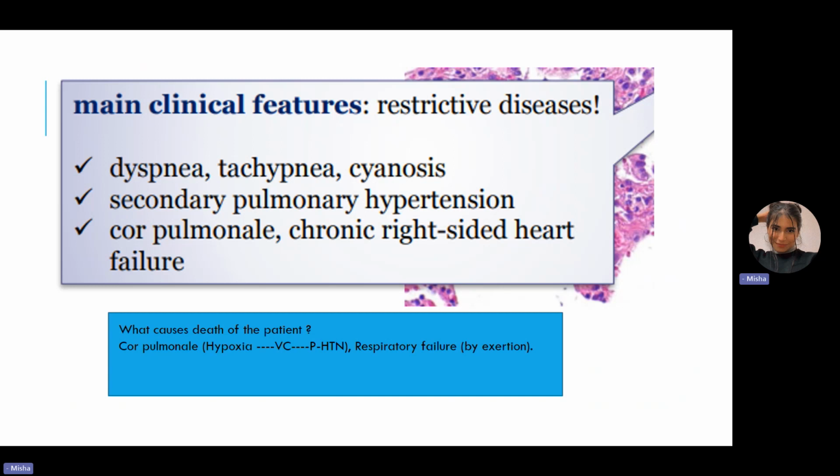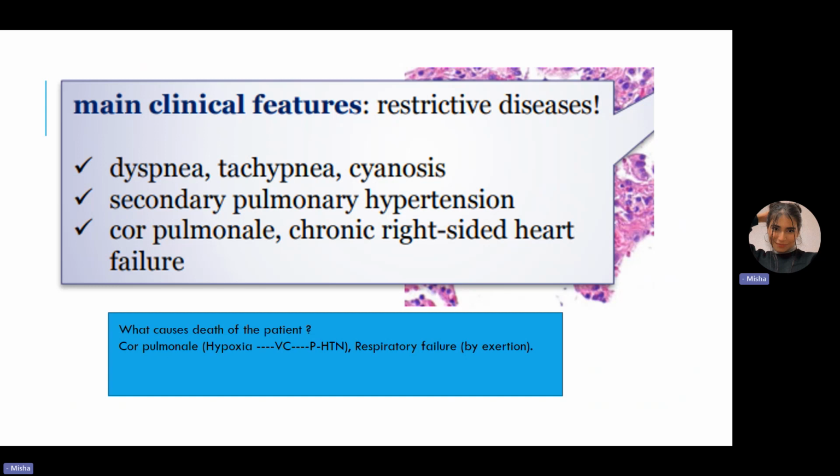Now the most commonly asked question, it was also asked when I was in my exam. They asked me, if a patient has a restrictive lung disease, how would they die? What would cause their death? So this is basically it. They would develop cor pulmonale, because of the hypoxia. When there's restrictive lung disease, what happens? It will eventually lead to hypoxia.